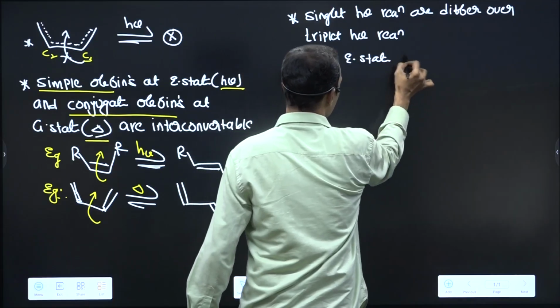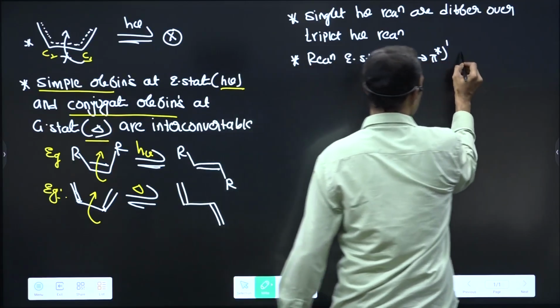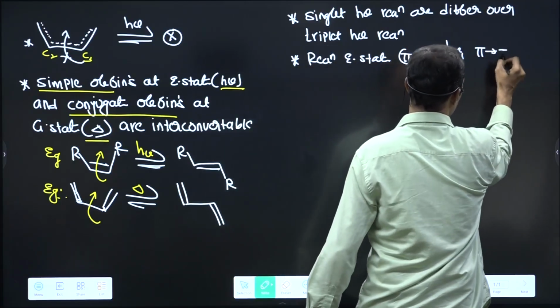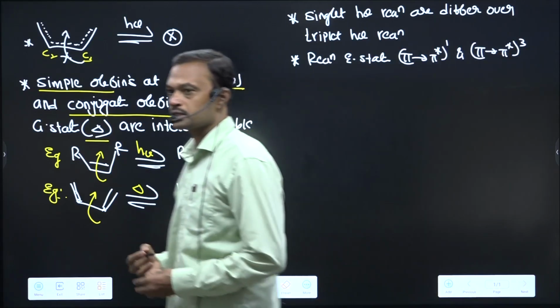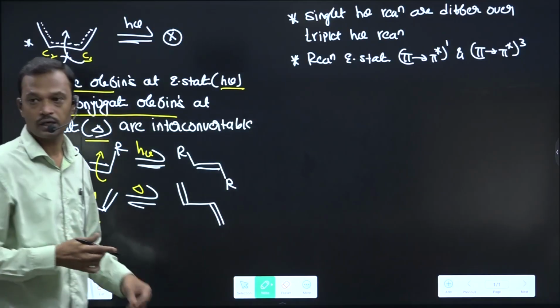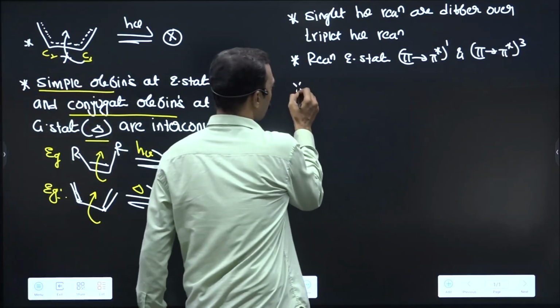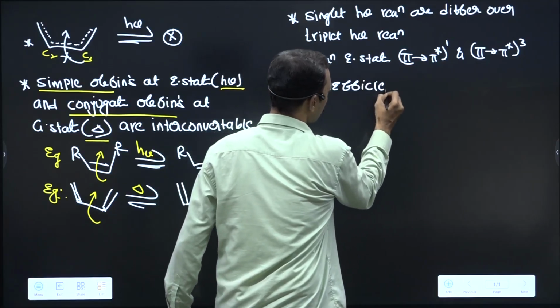See, 1,3-butadiene has two reaction excited states, pi to pi star singlet and what is one more, pi to pi star triplet. So is it efficient ISC or inefficient ISC? Is the conjugate diene efficient or inefficient? Inefficient. So I can say conjugate diene has inefficient ISC.